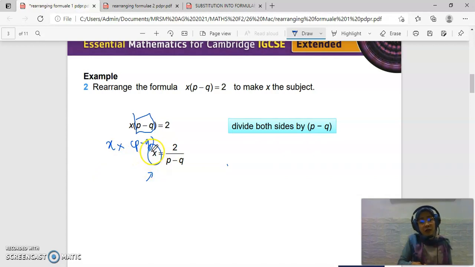We do not write the number 1 in front of an unknown, because 1 times any unknown is the unknown itself. So 1 times x is equal to x. So for this part, the coefficient is 1, which means that you did it. The formula is done.